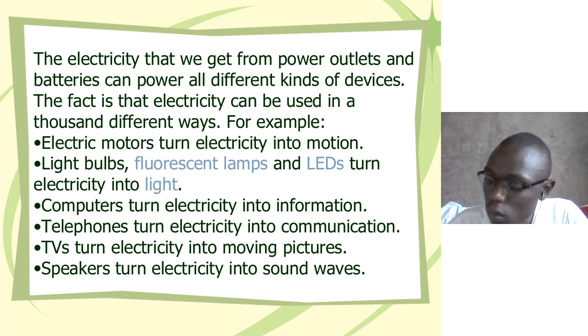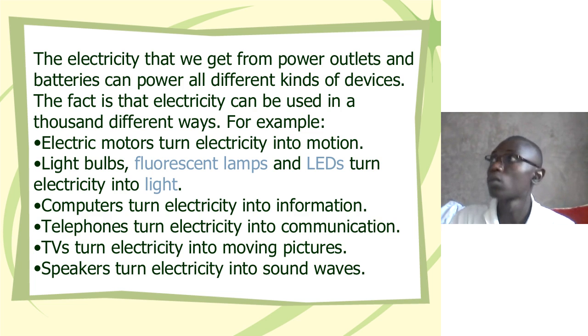We have electric motors turning electricity into motion, light bulbs turning it to light, computers doing that to produce information, and TVs and speakers are doing the same to produce pictures and sound waves.